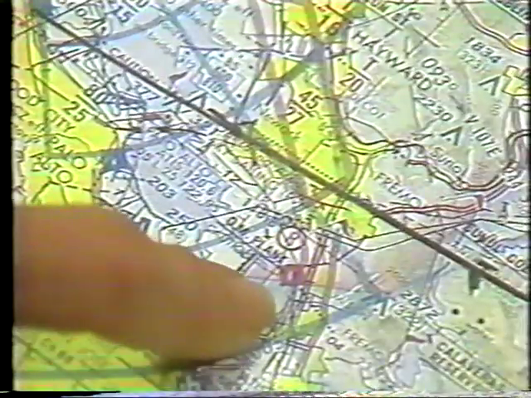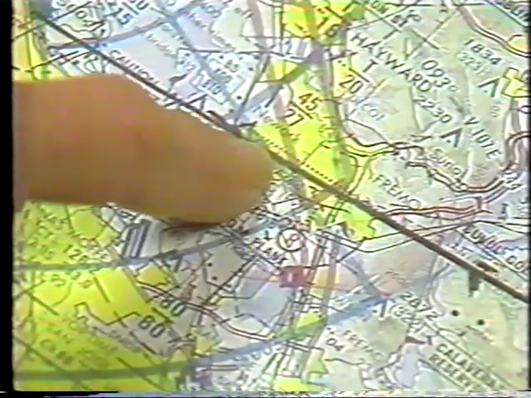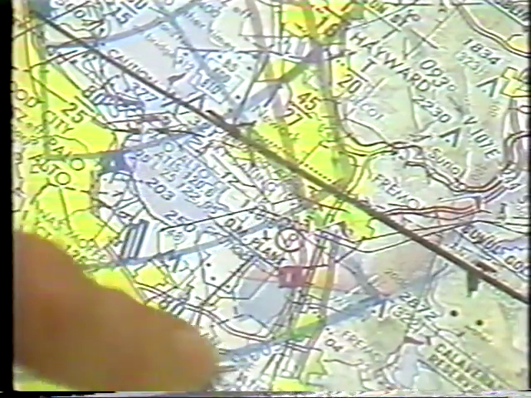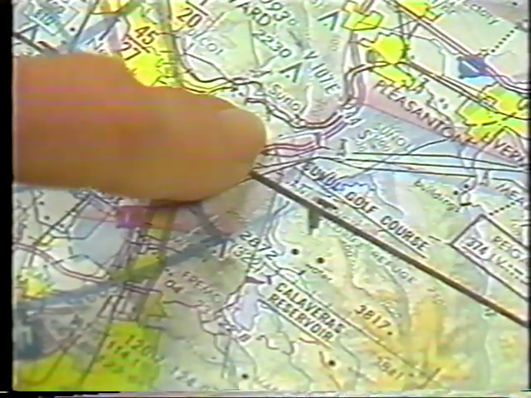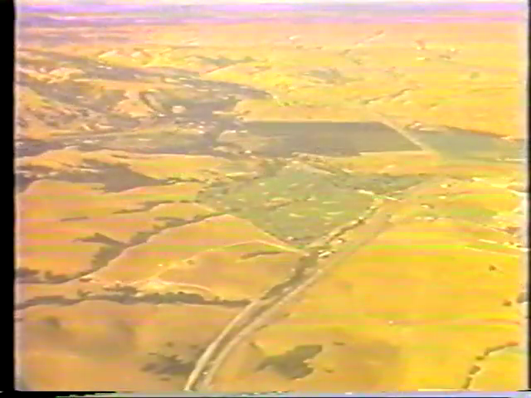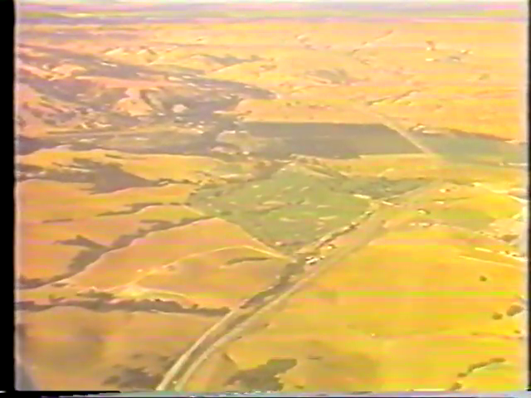The next checkpoint you can clearly see is this highway winding its way through the hills right of course. Here's what it looks like. Left of course on our chart is the Sunol Golf Course. As you can see, it's an excellent visual landmark.